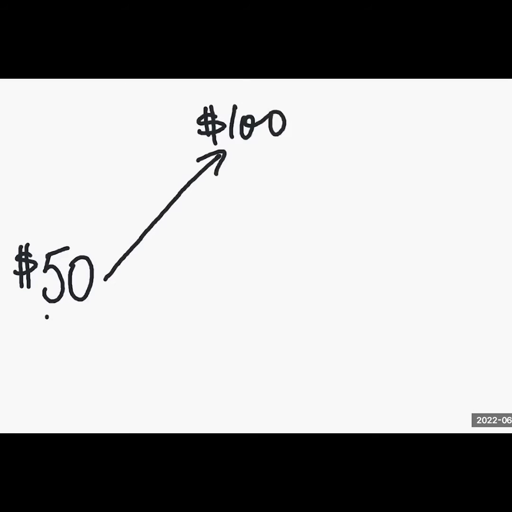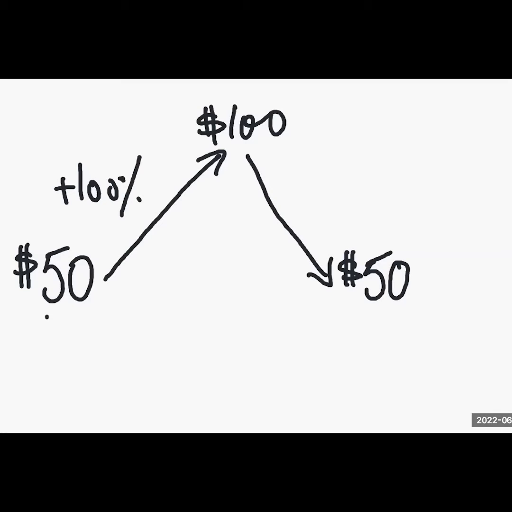Well, 100% return. Great. If the stock drops back down to 50, you have a negative 50% return. 100 minus 50 equals 50 divided by 2 periods equals 25%. So I have a 25% return.